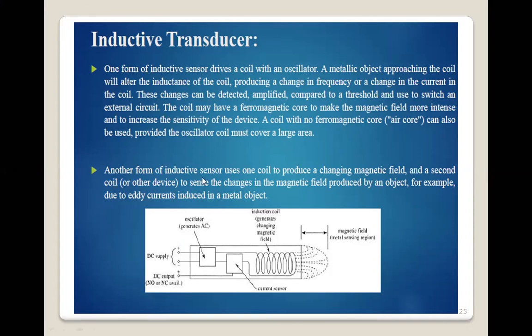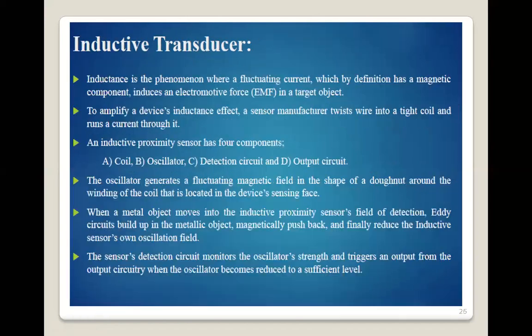Another form of inductive sensor uses one coil to produce the changing magnetic field, and the second coil detects the change in the magnetic field produced by the object, for example, due to eddy current induced in the metal object. So there are different uses of the inductive transducer.